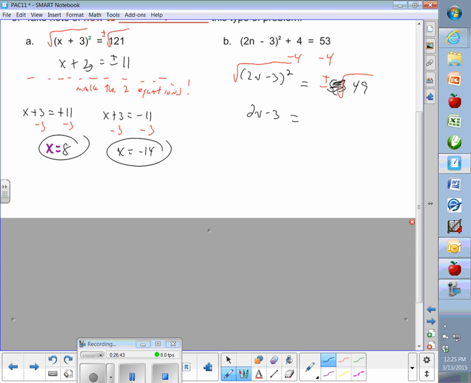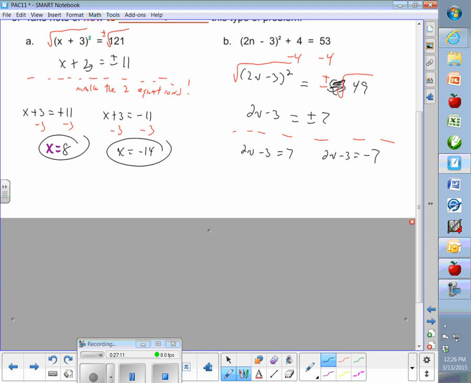And the right is plus minus 7. And now don't forget, we've got to write how many equations to get the two answers? So 2n minus 3 equals the positive 7, and 2n minus 3 equals the negative 7. We don't have time to finish, but trust me, the left will be 5 and the right will be negative 2 when you finish those.